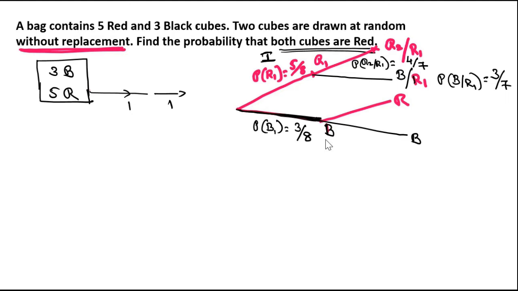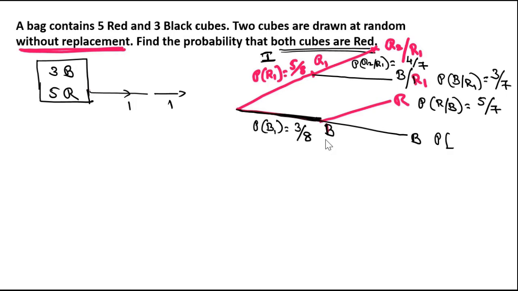Now here, probability of R given B. Black has happened, so one black is gone. Then what is the probability of getting red? Red, there are 5. But how many total? 7.